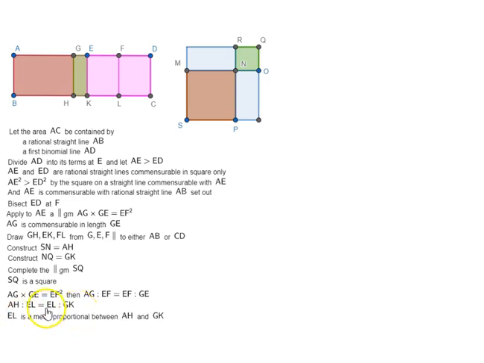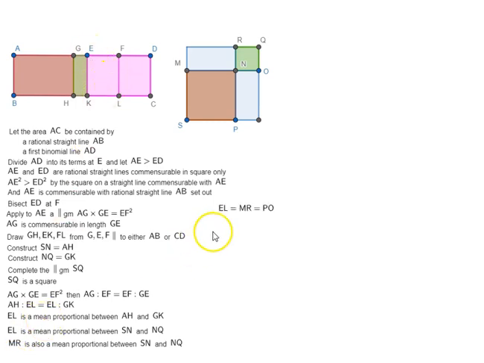It means EL is a mean proportional between AH and GK, and EL is a mean proportional between SN and NQ, because SN is equal to AH and NQ is equal to GK. So MR is also a mean proportional between SN and NQ. Why? Based on the lemma.